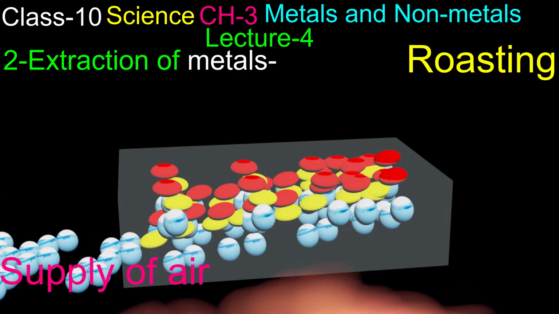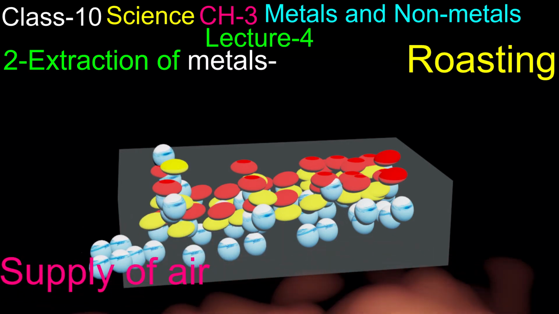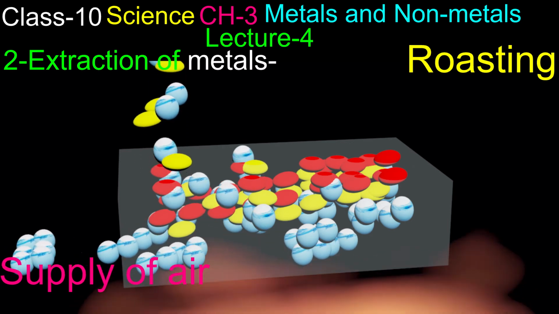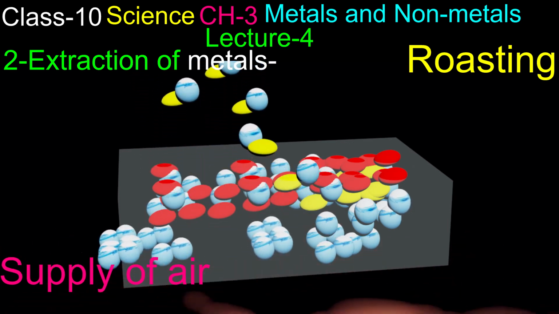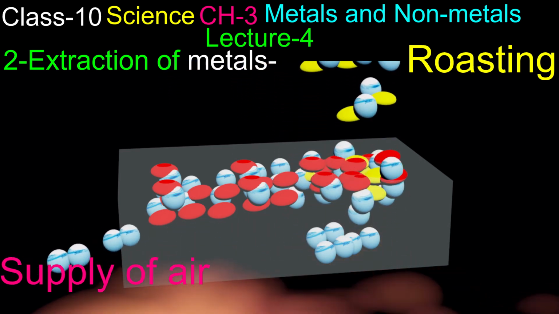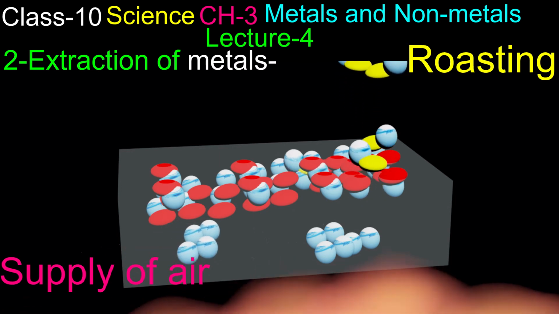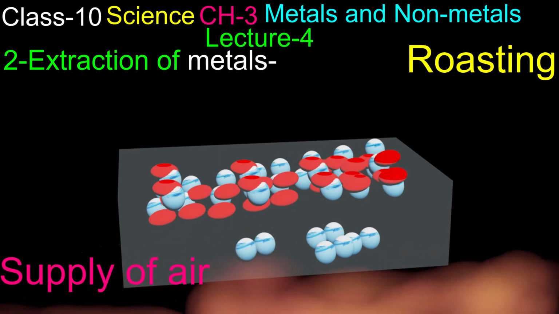Metal sulfide ores can be converted into metal oxides by heating in presence of air so that both metal and sulfur react with the oxygen present in the air to form oxides. Heating an ore in the supply of air or in presence of air is termed as roasting.